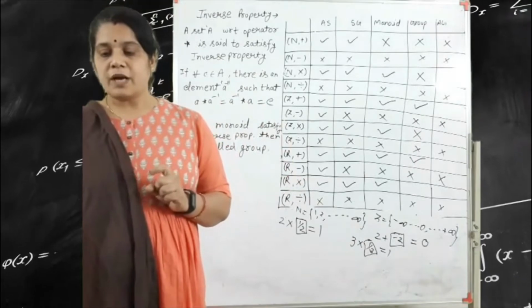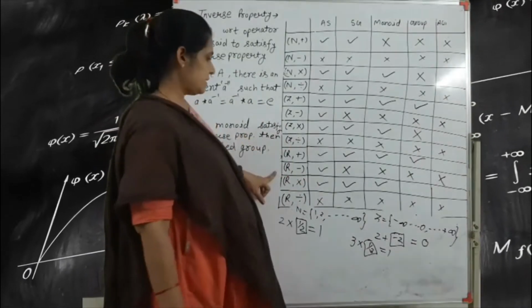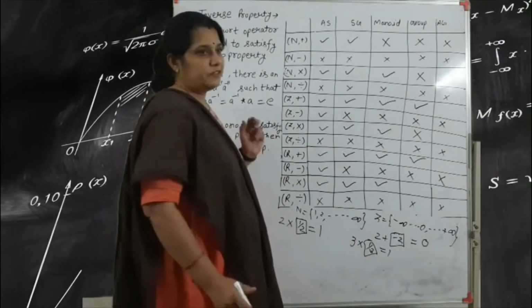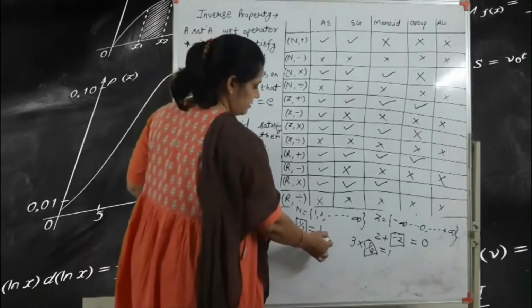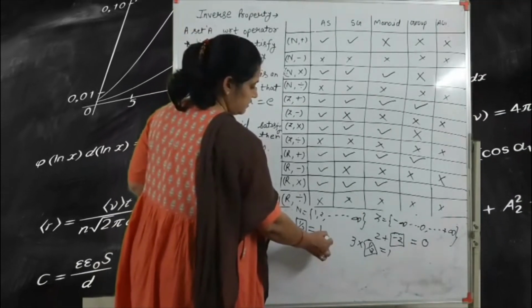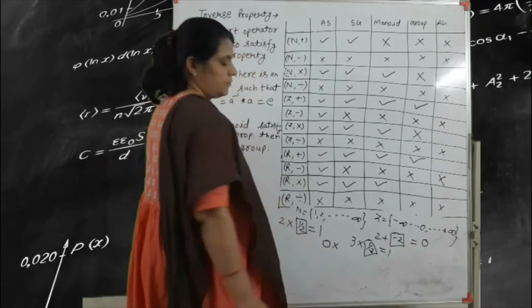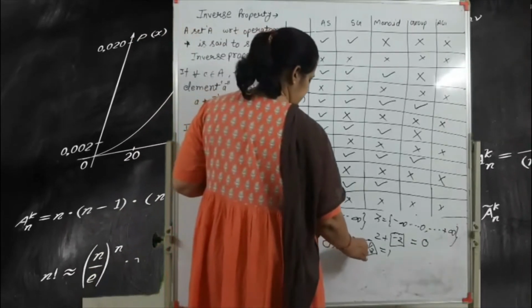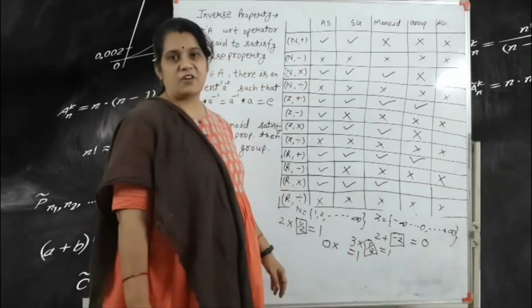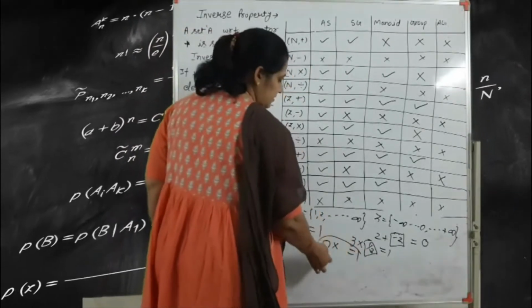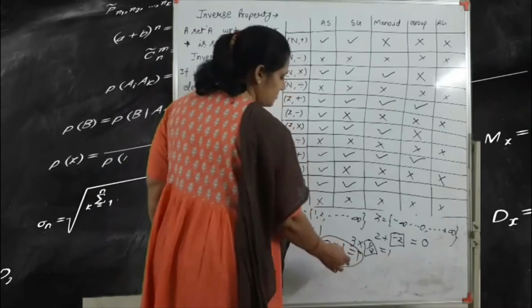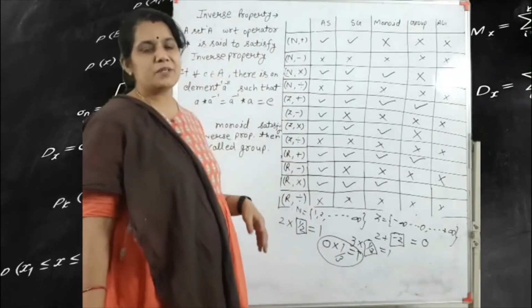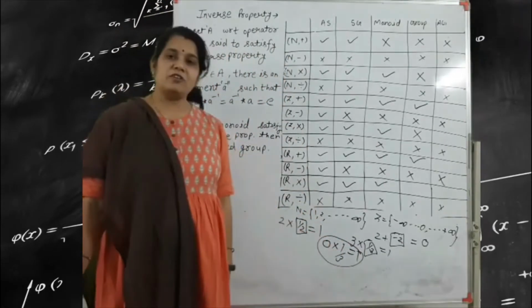For example, take 0 and try to get 1. Is this possible? No, this is not possible, because whether you write 1 by 3, 1 by 4 or any number, you always get 0.